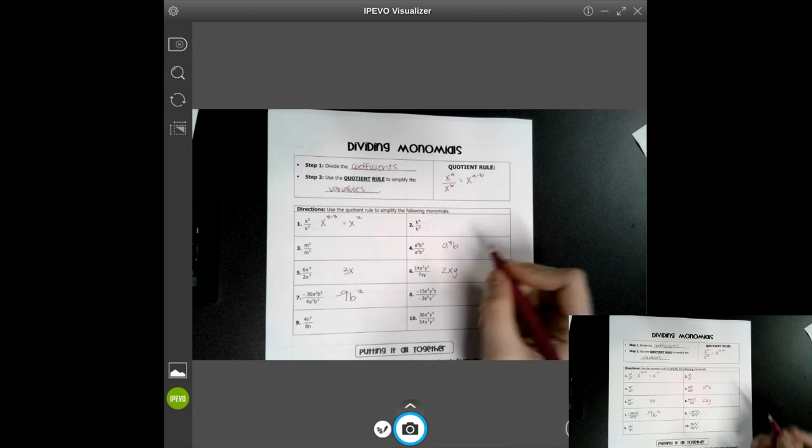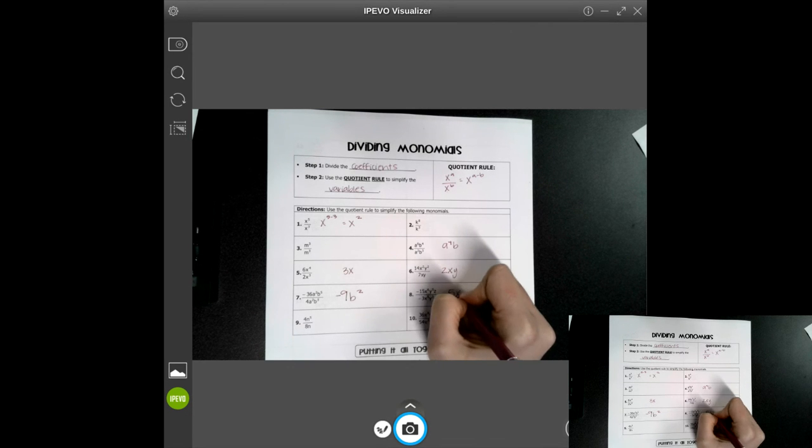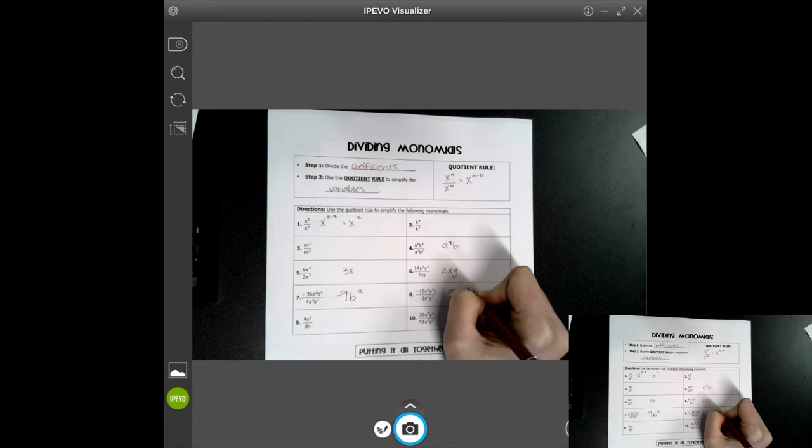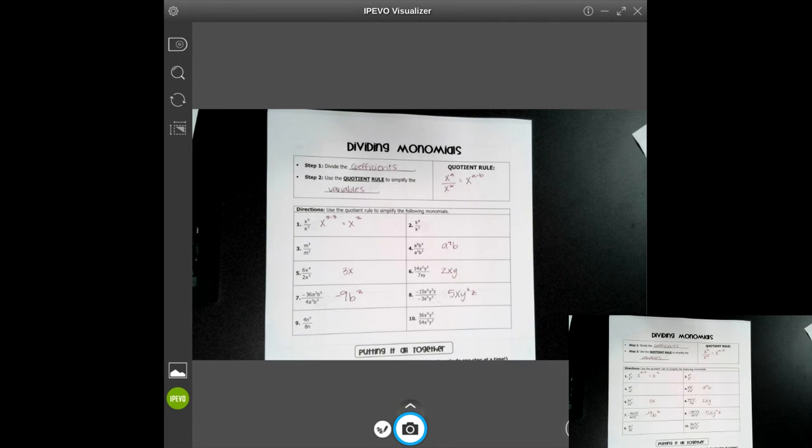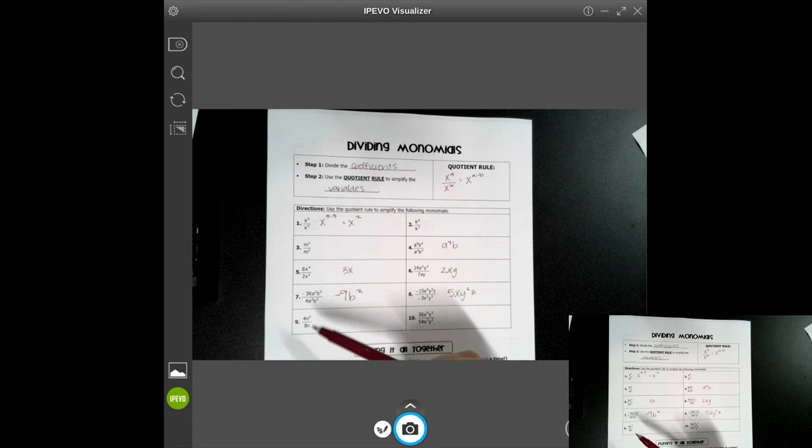If you did it correctly, you should get 5x y squared z. Okay, so for number 9, this one's a little bit different because I can't do 4 divided by 8, but each of these numbers do have a common factor.